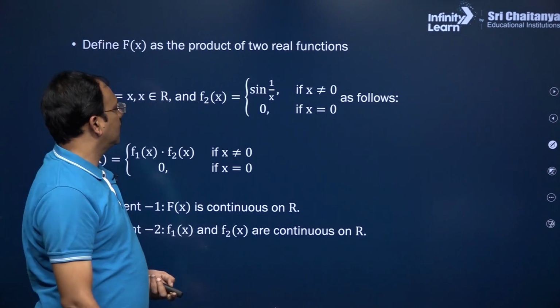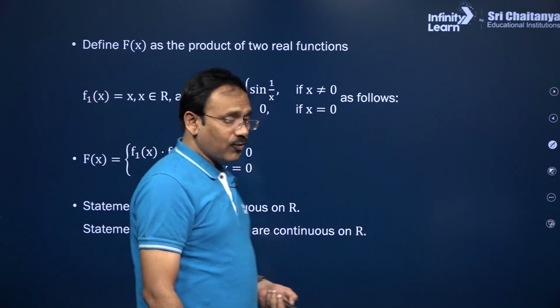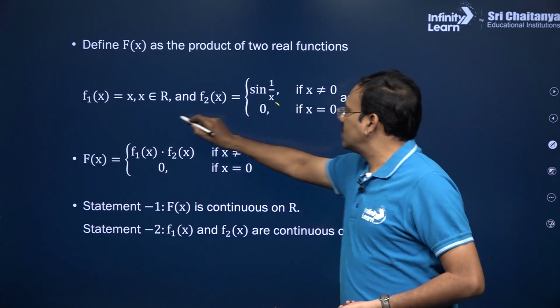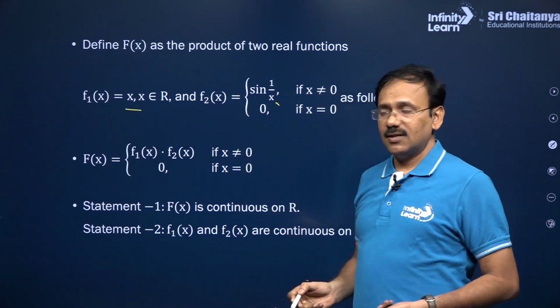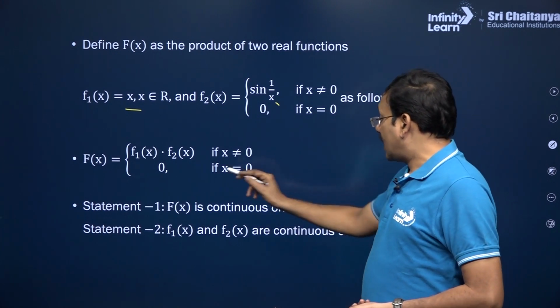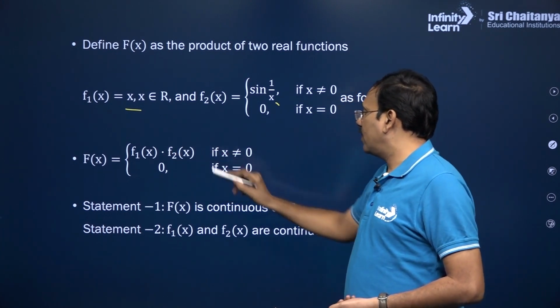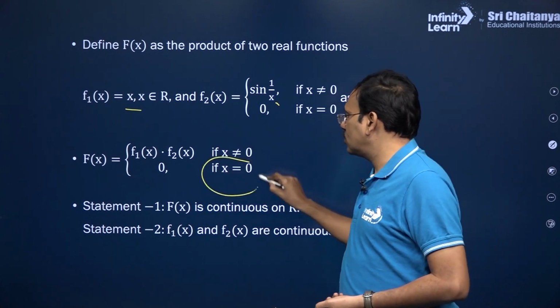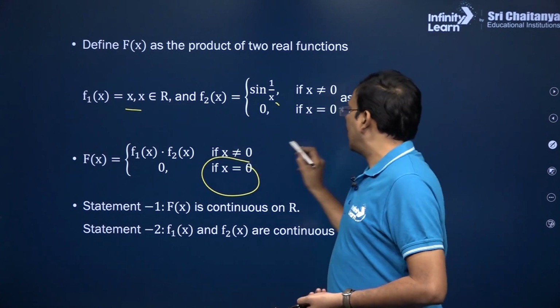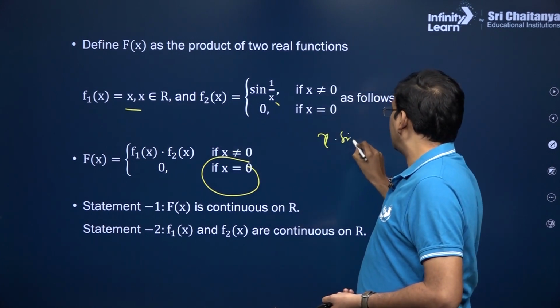Okay. Next, you see this is another function, f1 is this function, f of x is equal to x, f2 is this function. Now, statement 1, capital F of x is f1 into f2, defined here at x is equal to 0, fine. f1 into f2 when x not equal to 0 means x into sine 1 by x.